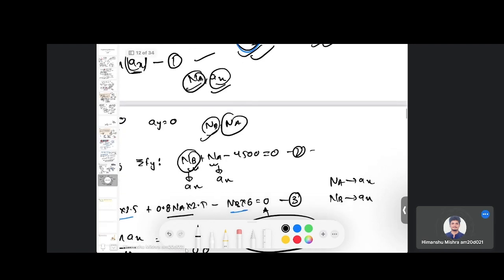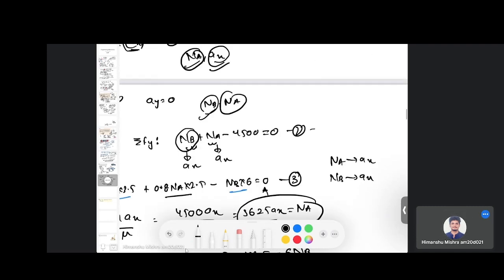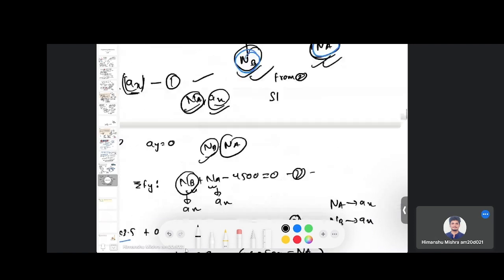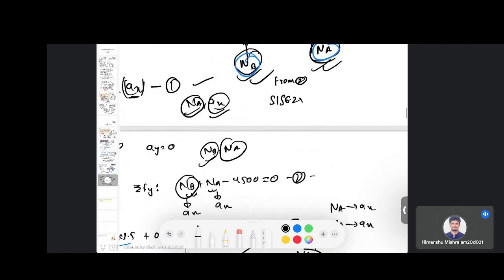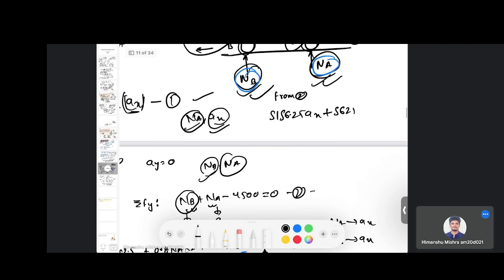So my NB is 5156.25 AX plus NA is 5625 AX, equal to 4500.